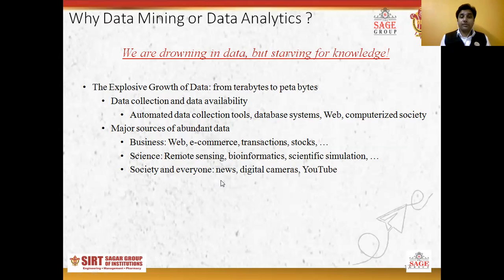Society and everyone, news, digital cameras, YouTube. Each and everyone is uploading YouTube videos, each and everyone is capturing photos and uploading those photos to the cloud. We upload photographs on Facebook, Twitter. We post our messages on Twitter. We are continuously generating data.